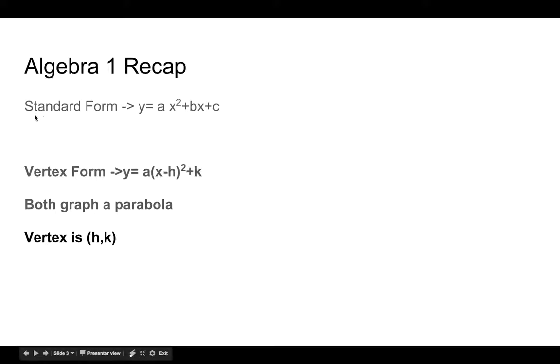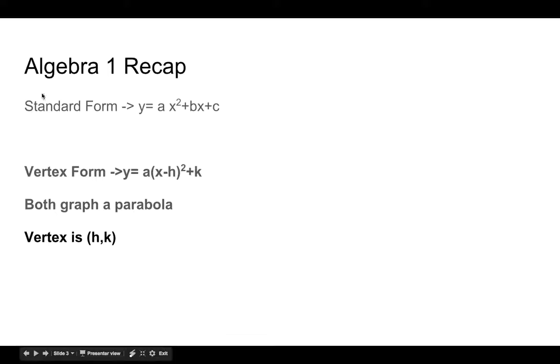So the standard form of a quadratic formula would be y equals ax squared plus bx plus c, and the brackets form would be y equals a(x minus h) squared plus k.